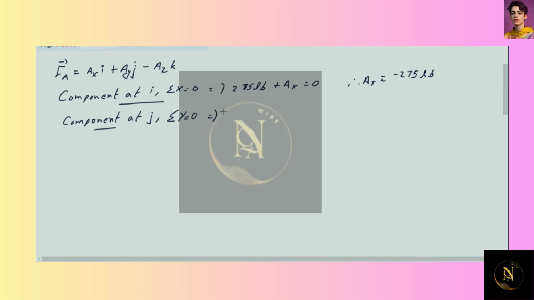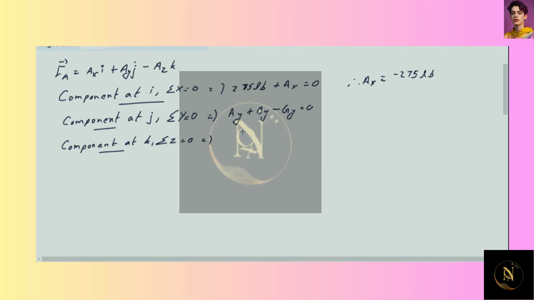That gives AY plus BY minus GY equal to 0. The component in the K direction means the summation along z equal to 0.